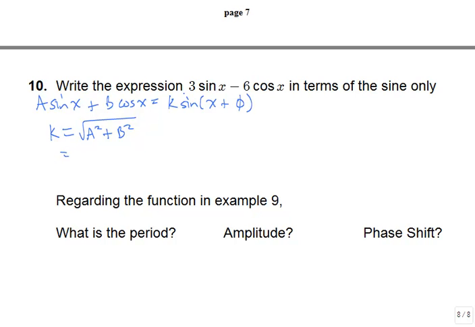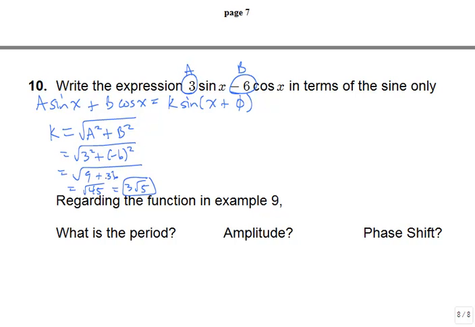And the a is this 3, and the b is this negative 6. So this is going to be the square root of that 3 squared plus that negative 6 squared, which is 9 plus 36, which is 45, which, if you reduce it, if I pull out a 9, is 3 root 5.